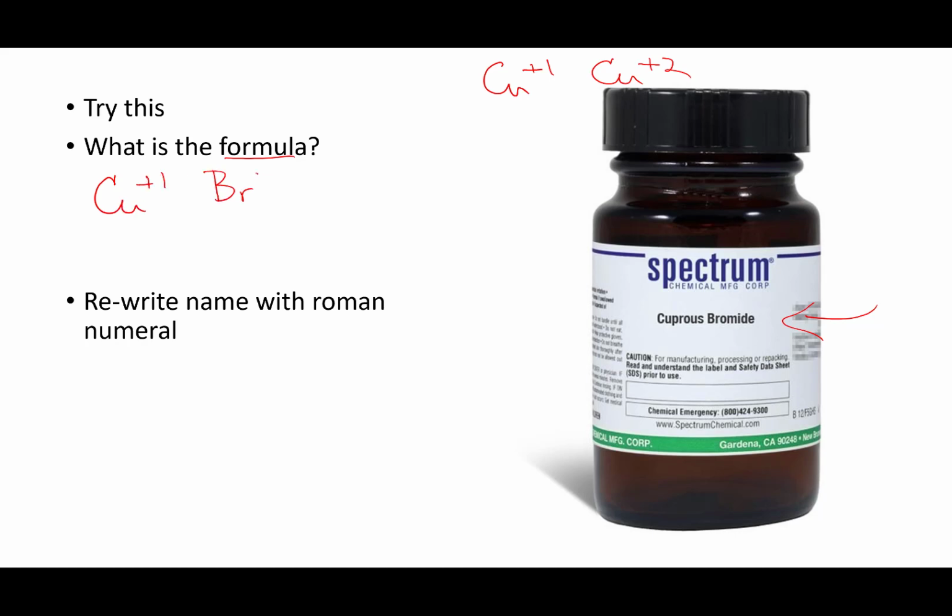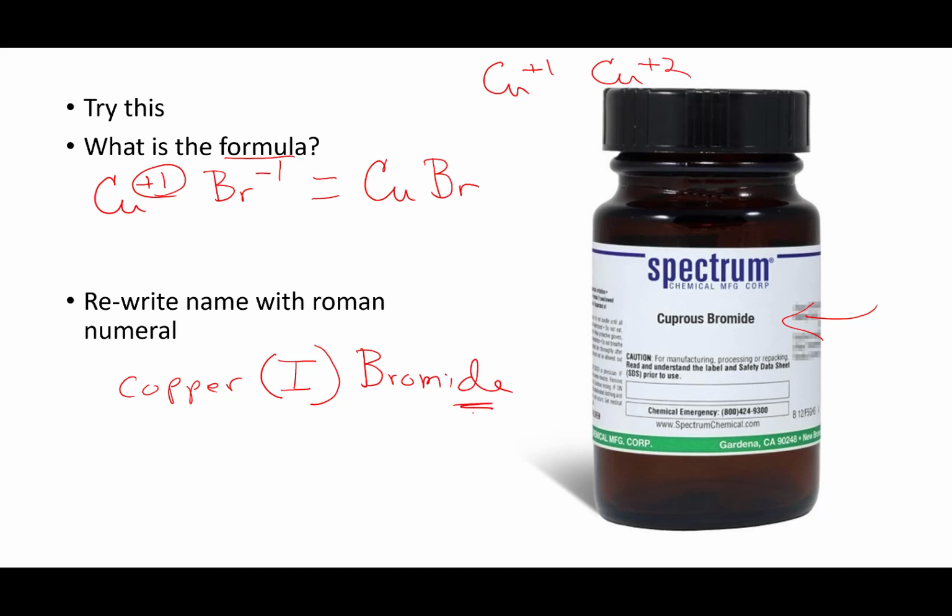Bromide is a -1. So the formula is going to be CuBr. And the name is going to be copper. We put the ion number as the Roman numeral. Copper(I) bromide. And the second ion ends in ide when we ionically bond these binary compounds.